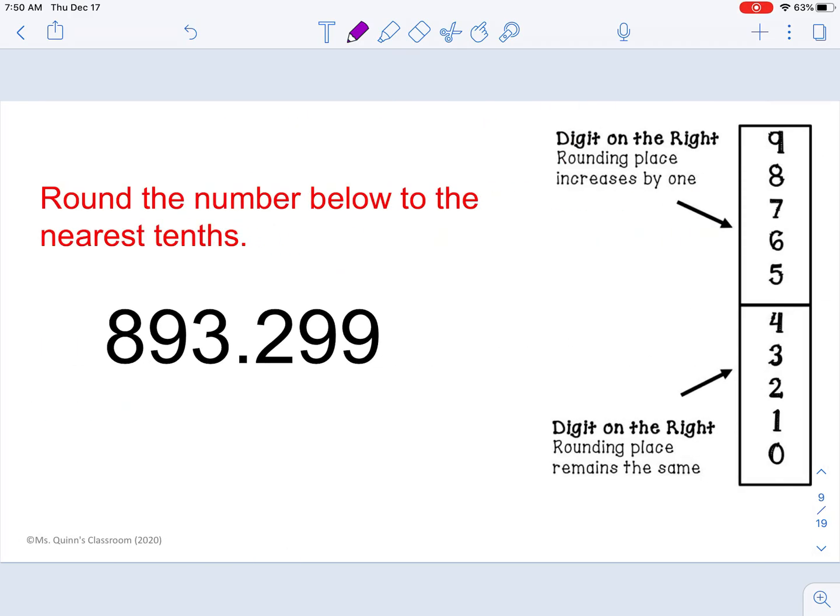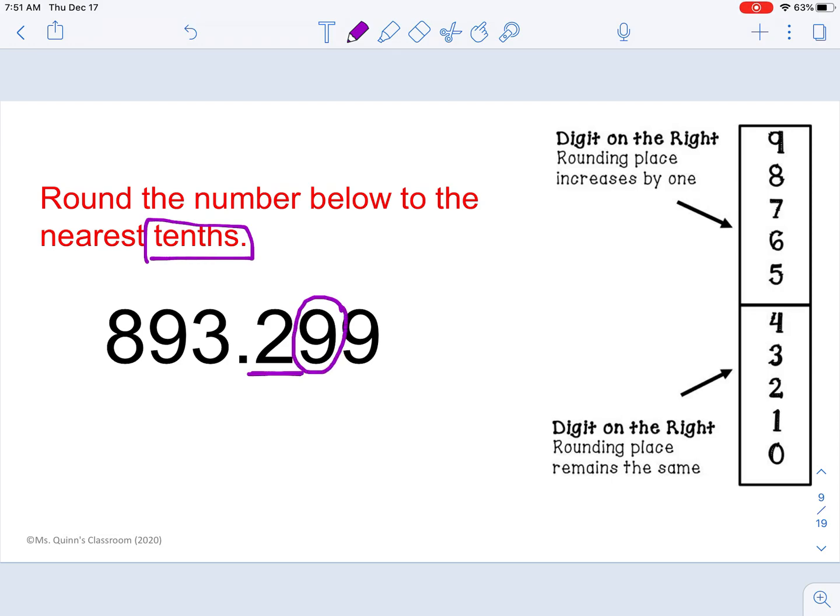All right. We're going to look at a number that's either the same or looks very similar. Oh, it's a little different. This time it says we're going to round the number to the tenths place. Okay, so we have to find the tenths. Remember, the tenths is the one that comes right after the decimal point. That's our tenths place. We're going to circle the number that comes after it.